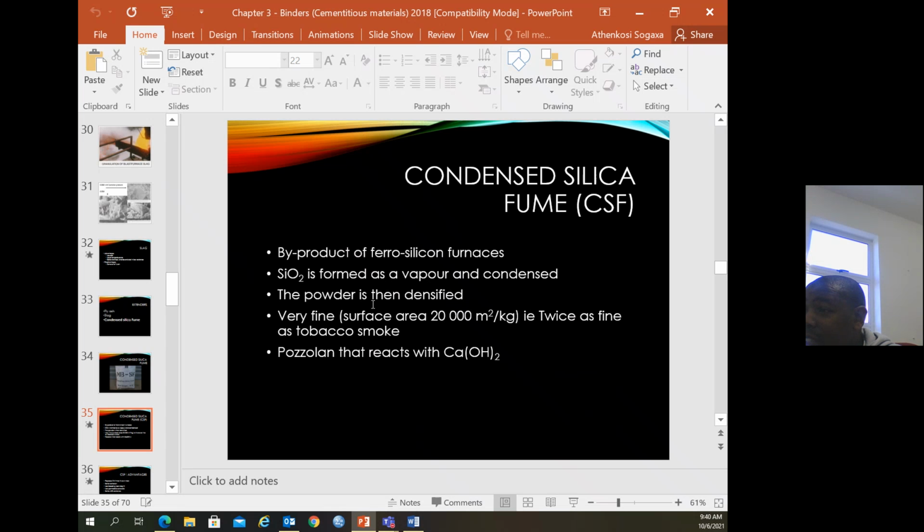The powder is then densified and very fine, and it's twice as fine as tobacco smoke. So it comes from also a pozzolan that reacts with calcium hydroxide.